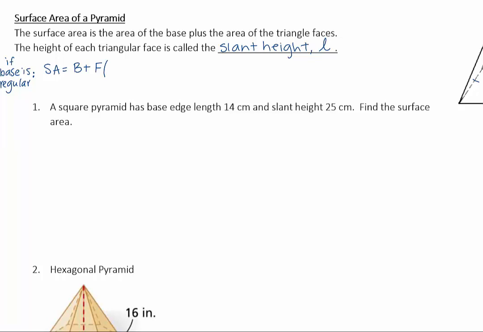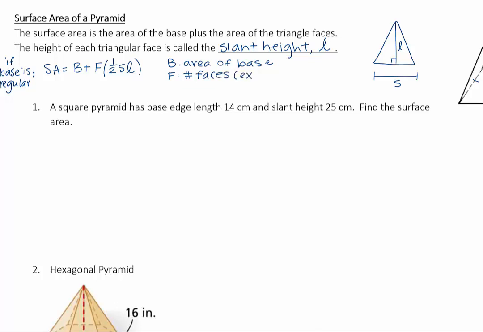If I want to find the area of the triangle, we know that this is S and this is L, so I know that the area of that is half SL. So I like to think of it this way, but you can think of it however you want. Again, B is the area of the base. F is the number of faces, excluding the base, because that's not a face, that's a base.